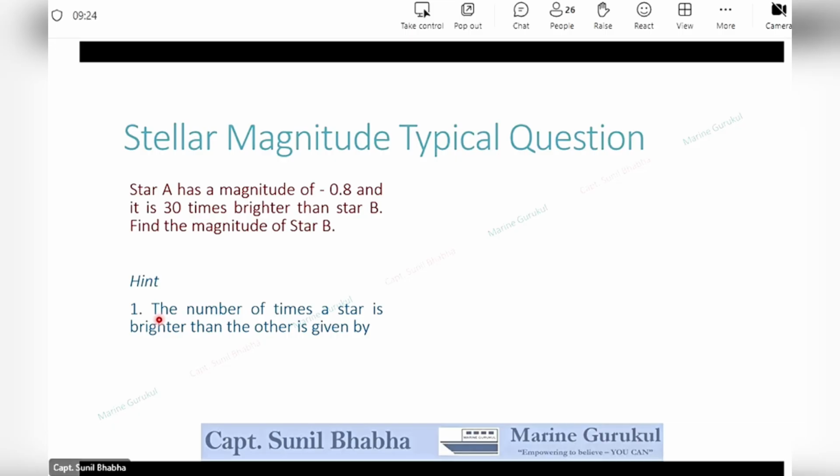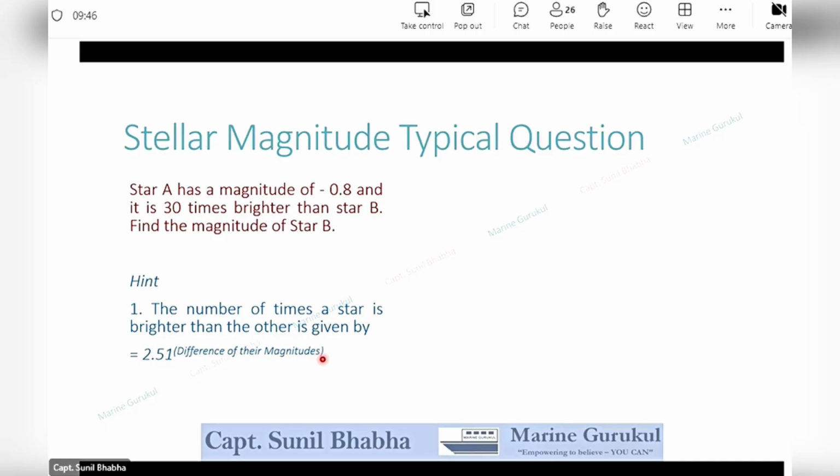What is that formula? The number of times a star is brighter than the other is given by the formula 2.51 raised to power the difference of their magnitudes. So this is the formula which we will be using in this question.